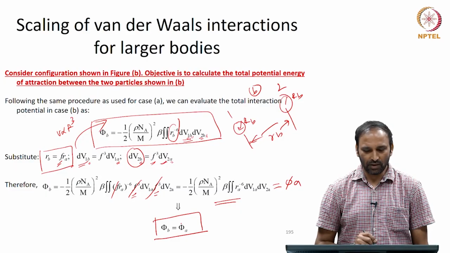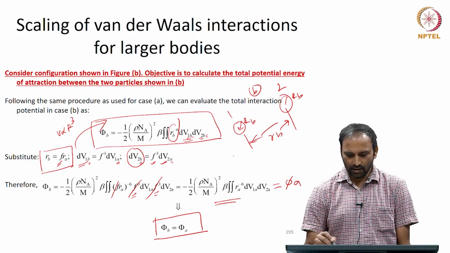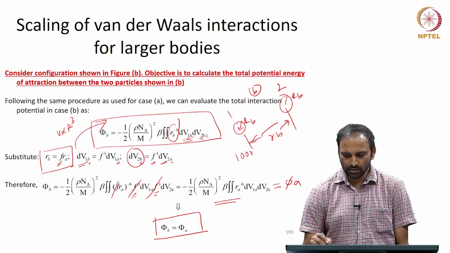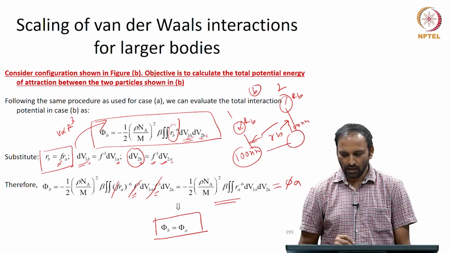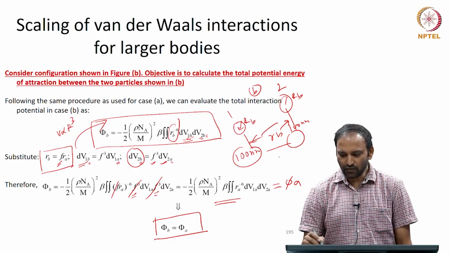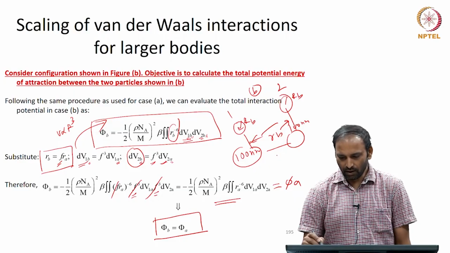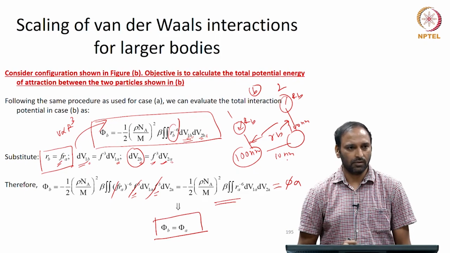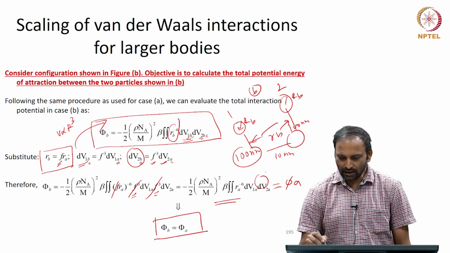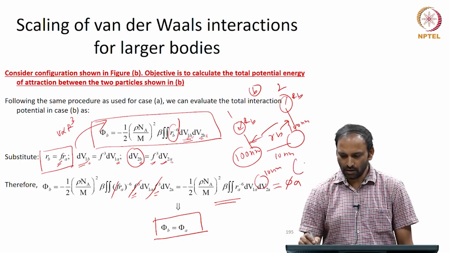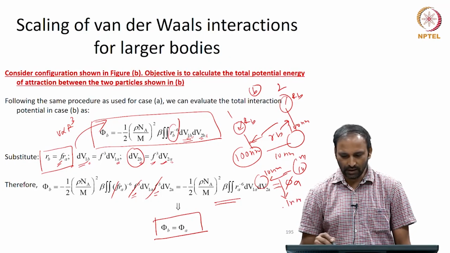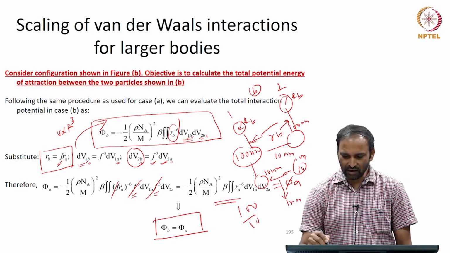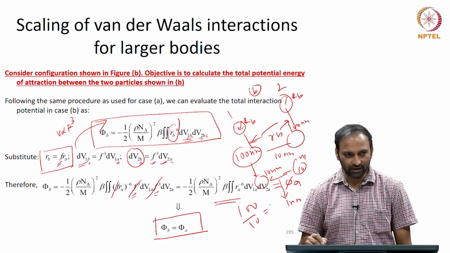So, the implication of this is that if I take, say, 100 nanometer particles, and I am talking about the van der Waals force of interaction between them at 10 nanometer, or I take 10 nanometer particles and ask what is the van der Waals force of interaction at a separation distance of 1 nanometer. 100 divided by 10 is the scaling of the size, a factor of 10.